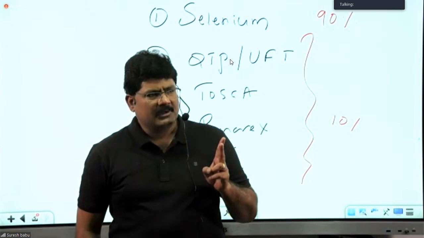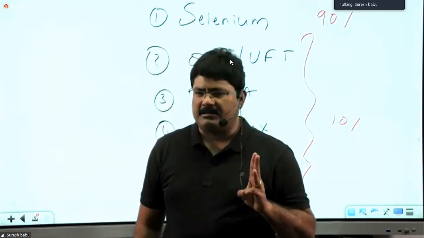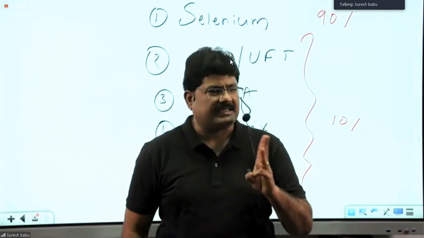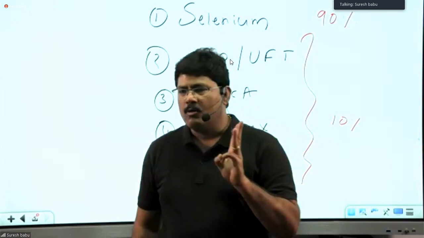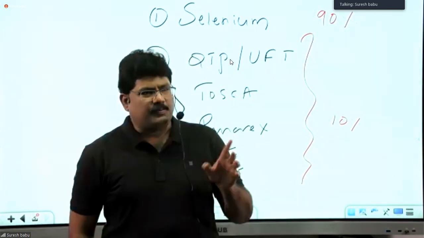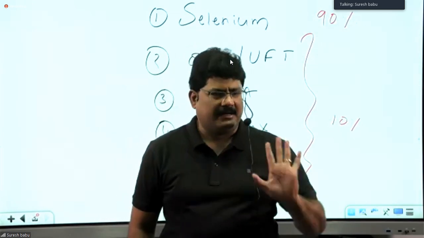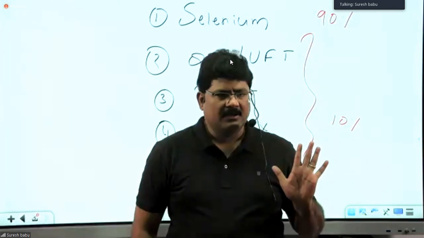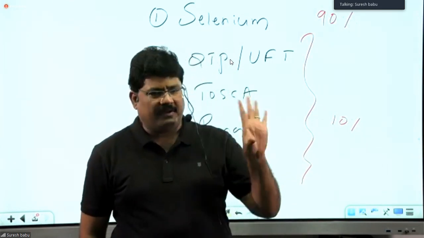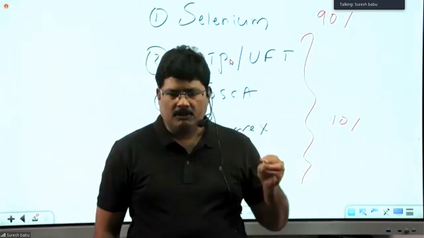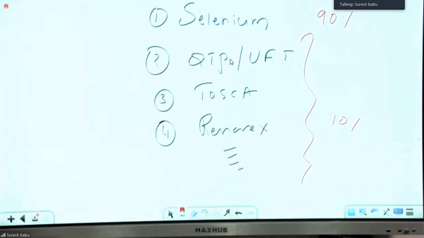RFT, Rational Functional Tester, an IBM product, costs about 1.5 lakh for one license. Test Partner costs approximately 1 lakh. There are different products with different pricing. Selenium is absolutely free, no cost. You just download and use it, and it doesn't even ask your company name when downloading.